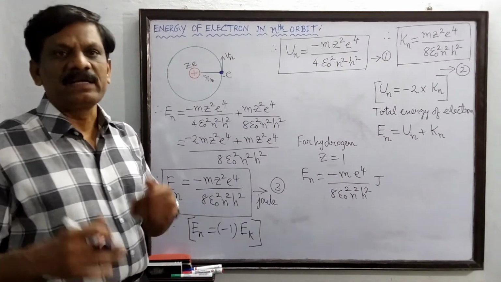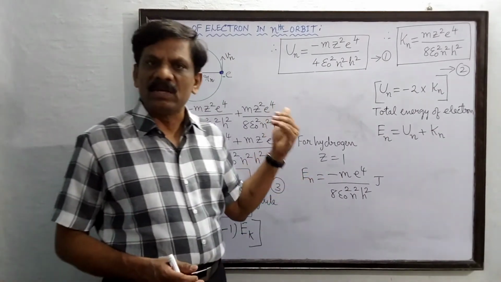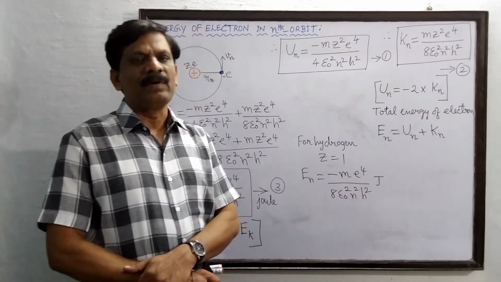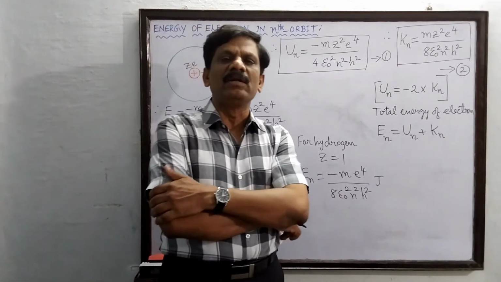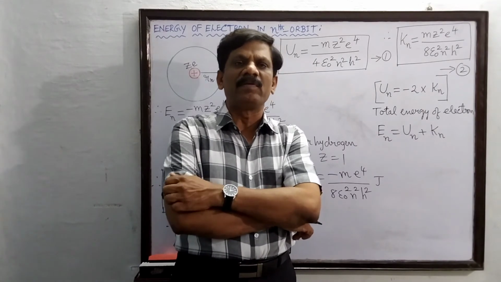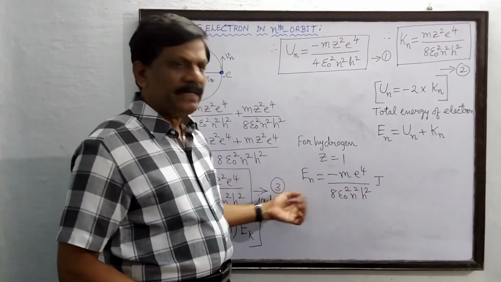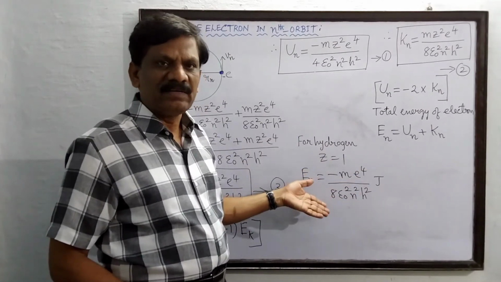Suppose I convert this joule into electron volt. Electron volt is another unit of energy of subatomic particles. 1 electron volt is equal to 1.6 into 10 to the power of minus 19 joule. So joule to electron volt means I have to divide by the charge of the electron.